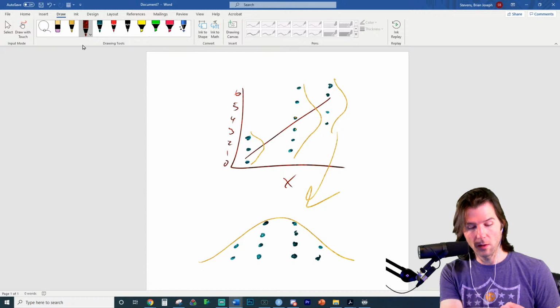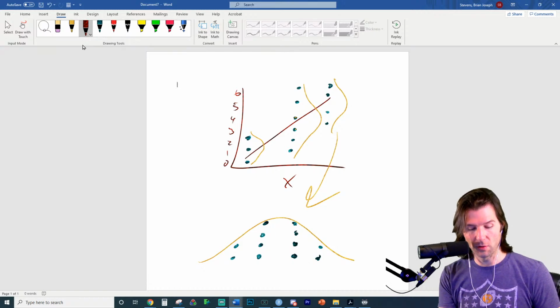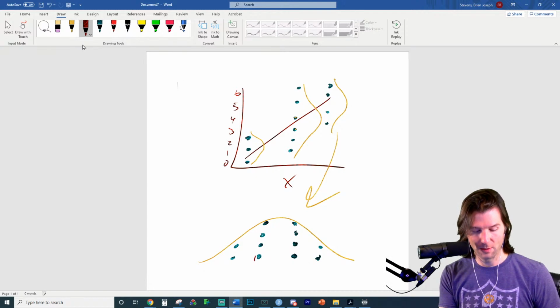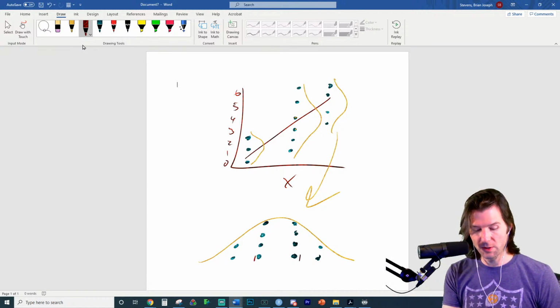Let's say one standard deviation goes from here to here. If that's one standard deviation, this is 2 standard deviations, and then we go 3 standard deviations out.